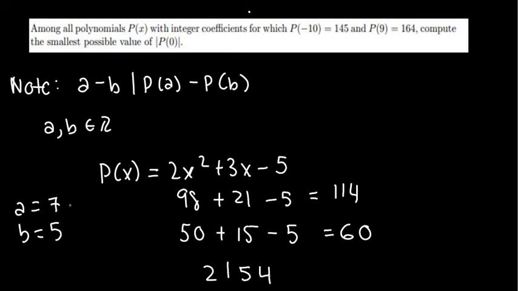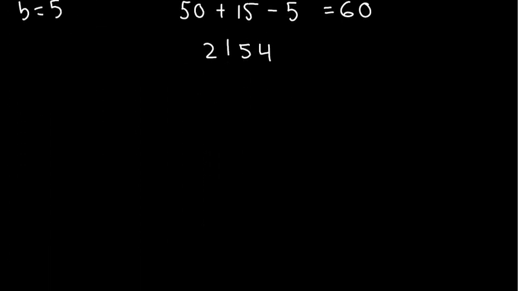You can use any different polynomial and any a and b values, and you can see that this is consistent. A minus b divides p of a minus p of b for any polynomial with integer coefficients, and a and b have to be integers. Okay, so let's go on with that assumption.